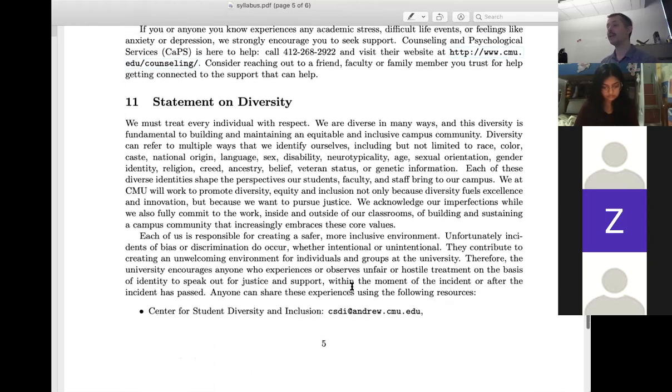Also, there's a statement here on diversity. We want to make everybody feel treated with respect, regardless of the ways in which they are diverse, of which there are many.